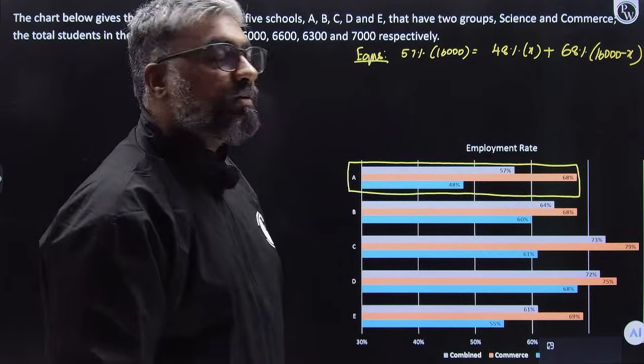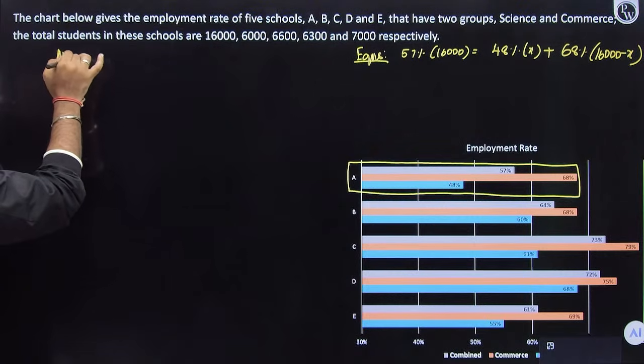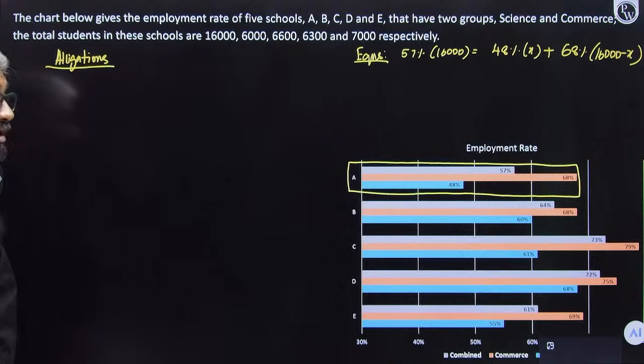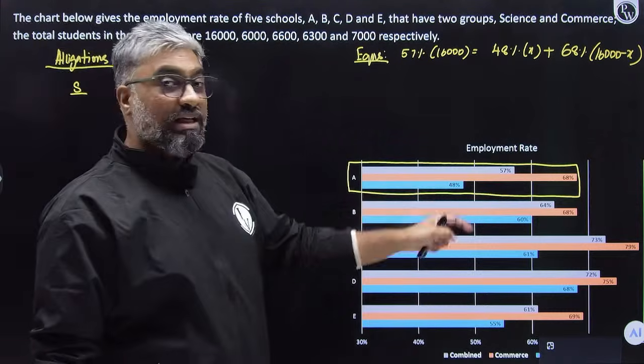What's the faster way of solving it? Using allegations. Easy. Yes. Science is how much? 48%.